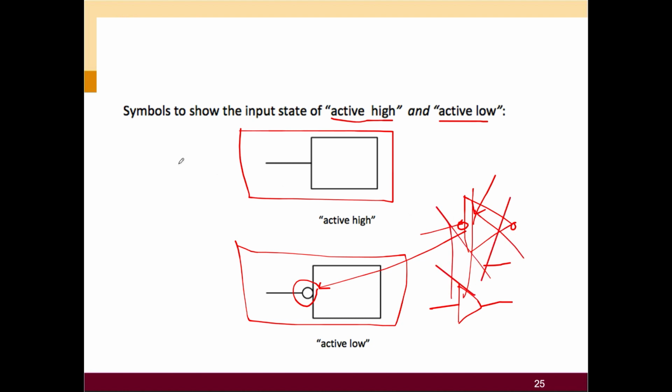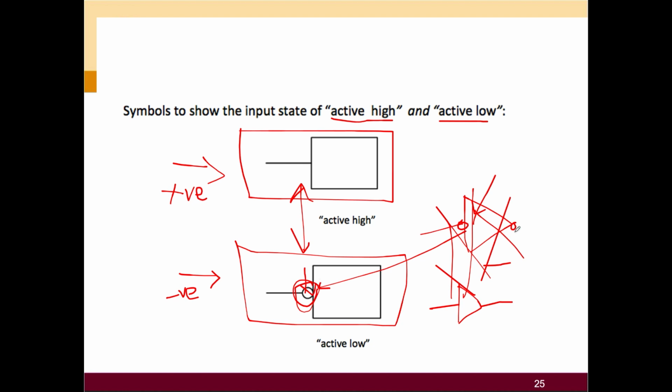So just proceed first on this, which is this symbol is positive or active high, and this one is negative or active low. So what is the difference between these two is there is a bubble at this section.